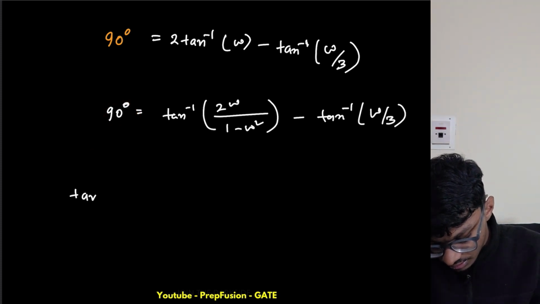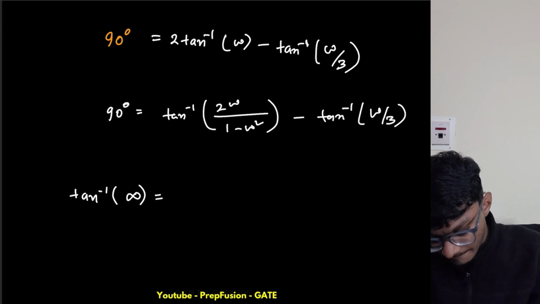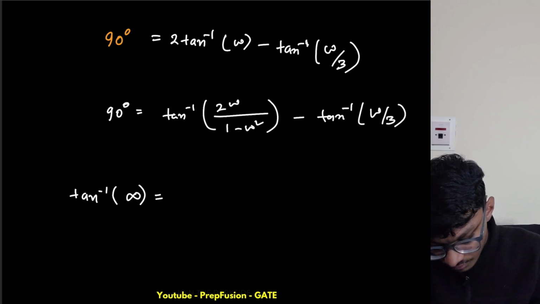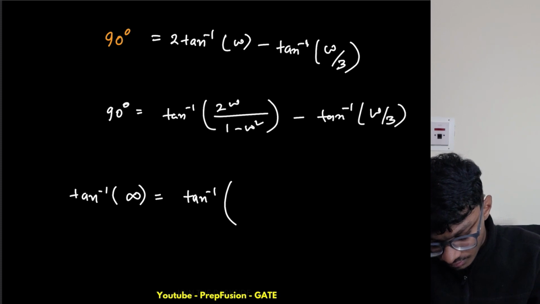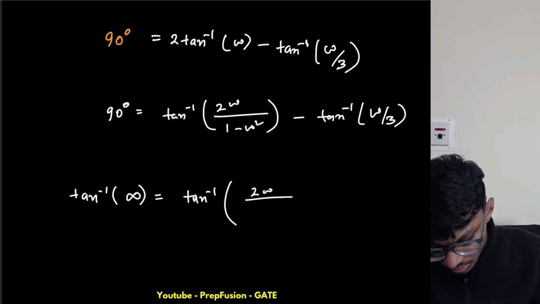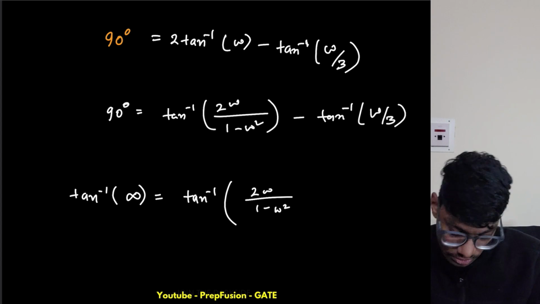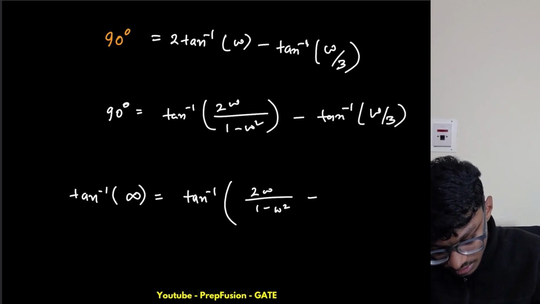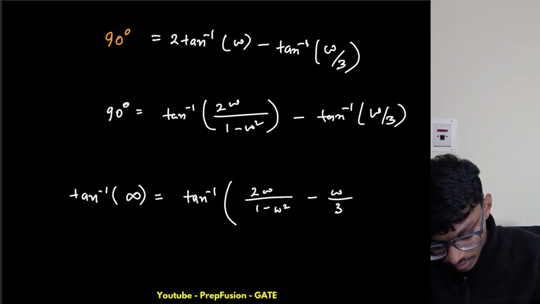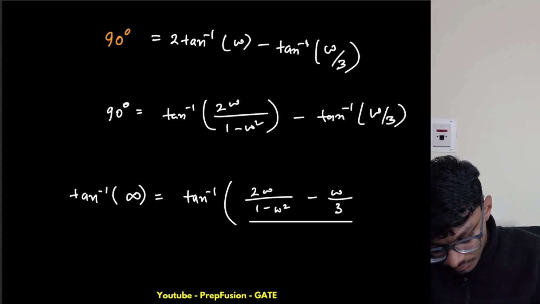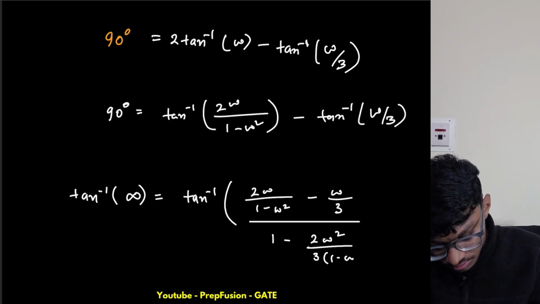So this is simply tan inverse of 2 omega by 1 minus omega square, minus omega by 3, and again this is the multiple, so this is 2 omega square by 3 into 1 minus omega square.